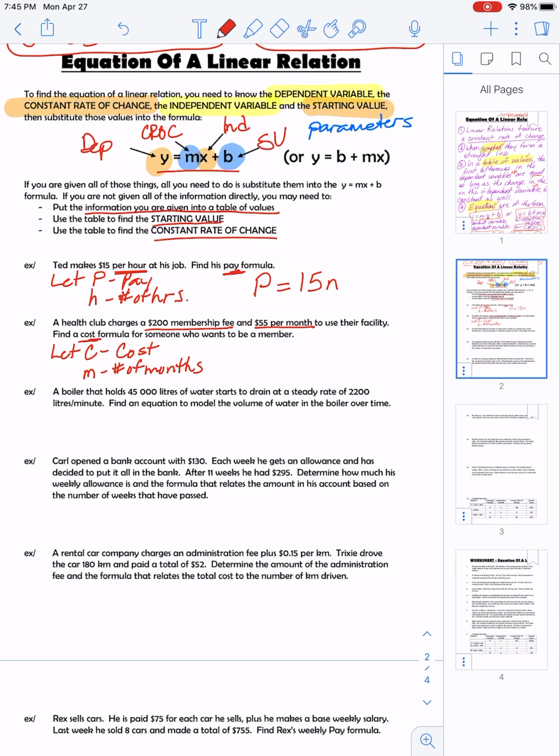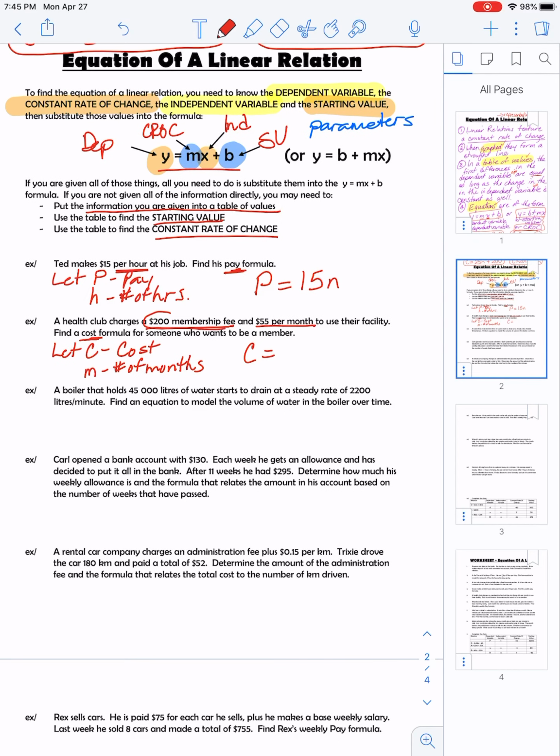Okay? So for this particular facility, the cost has a starting membership fee of $200. So you want to join the club, you got to pay $200. So the cost is $200 plus $55 per month, so plus $55 per month.